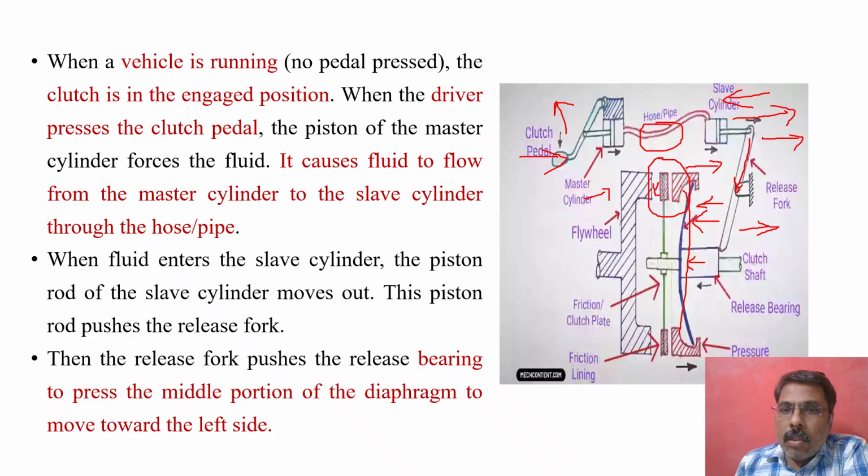So pressure is applied over the frictional material, and due to friction, the flywheel and frictional material are engaged. Under this condition, the power from the flywheel is transferred to the driven shaft.